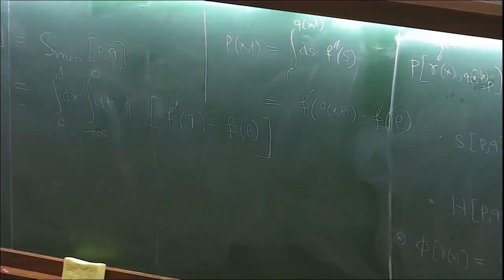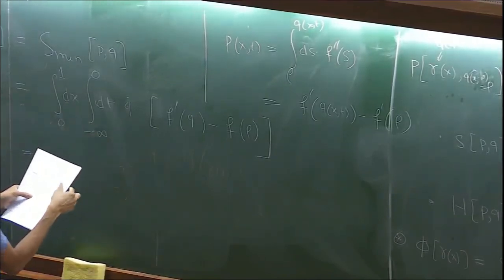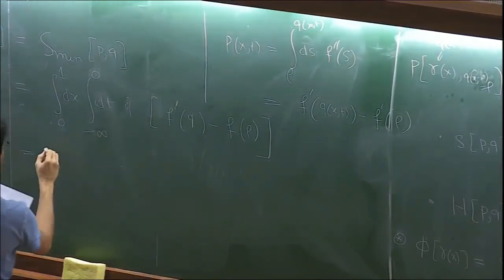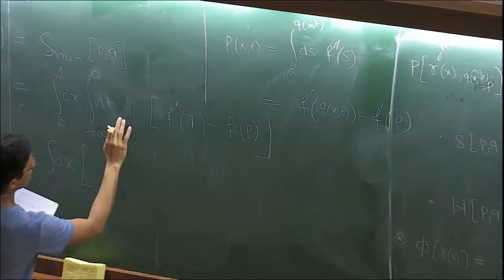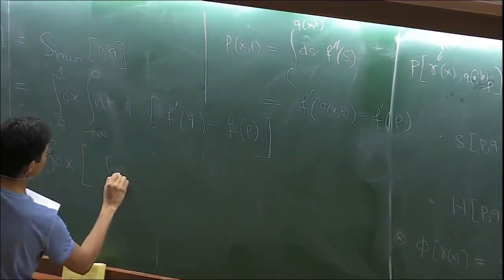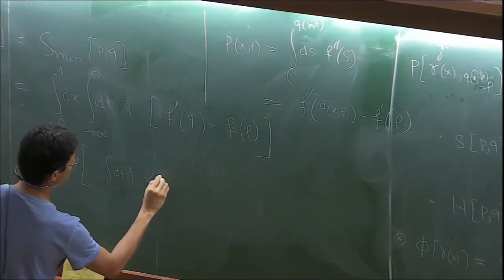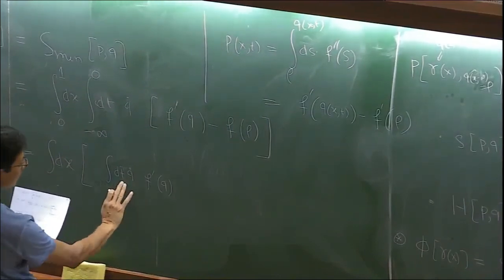Now it's very easy to show. What I'm going to do now is just do this time integration. Let's do it this way. This term was simply dt Q dot F prime Q. I write this thing now in terms of the Q integral.